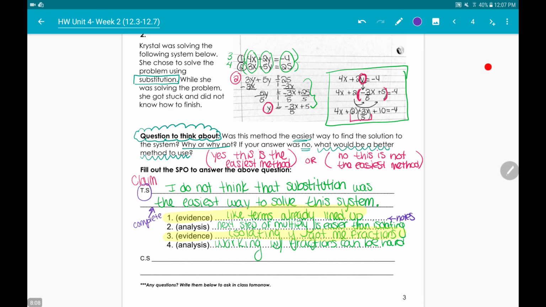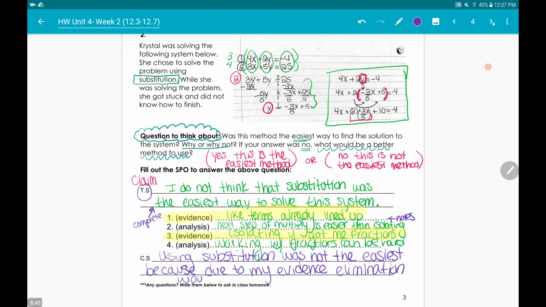So, using substitution was not the easiest because, due to my evidence, elimination would be better.